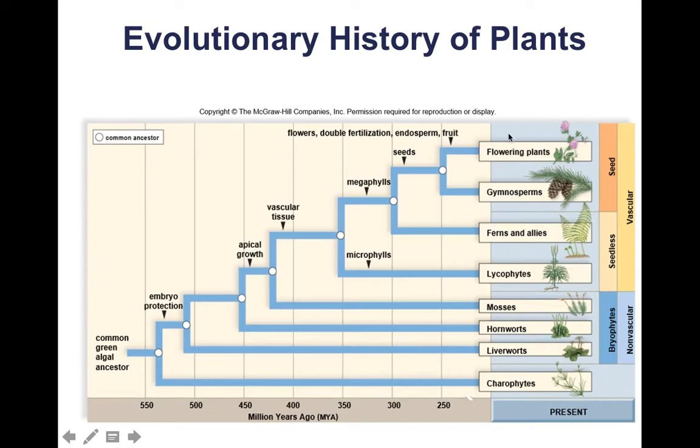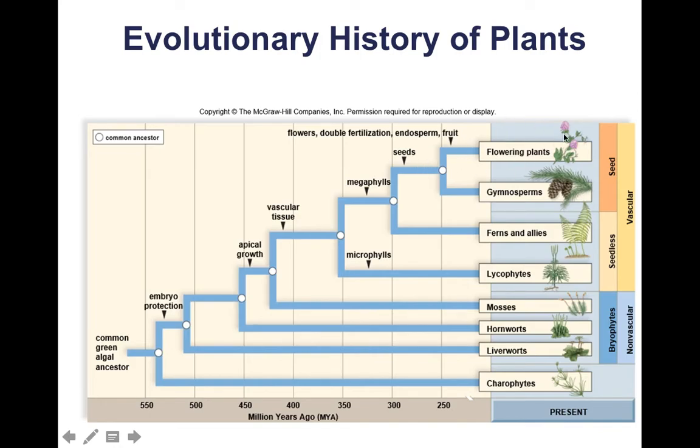Now, a derived trait is a trait that's found only in the group that you're discussing and not in the most recent common ancestor. So in the case of flowering plants, fruit and flowers would be a derived trait because it wouldn't be present in the common ancestor.